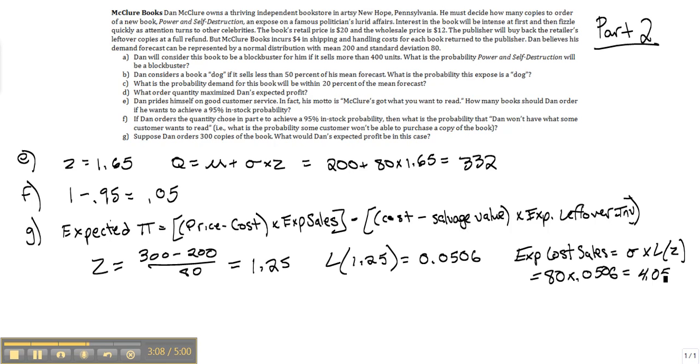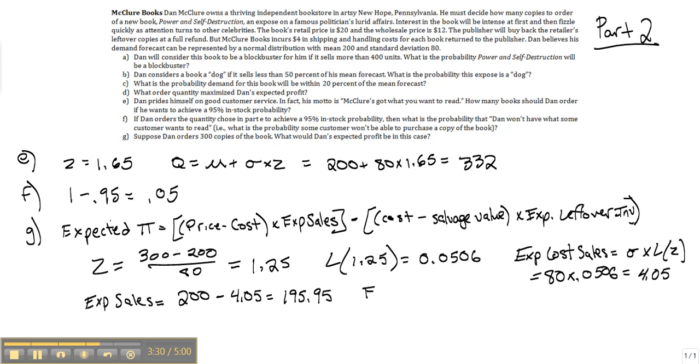Then we can figure out what expected sales are, which are simply the mean forecast less the expected lost sales, which is equal to, therefore, 195.95.